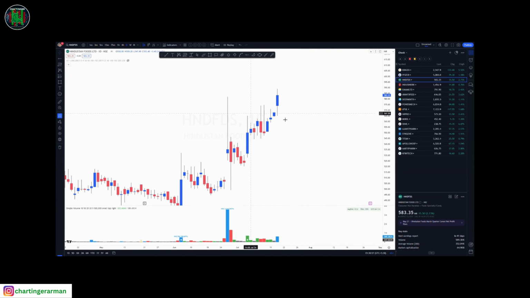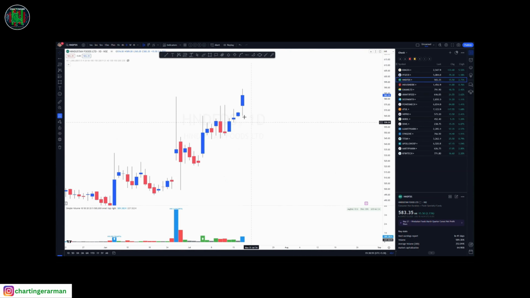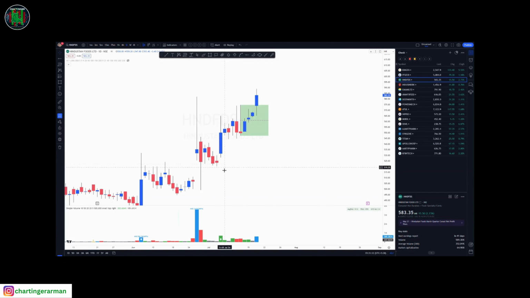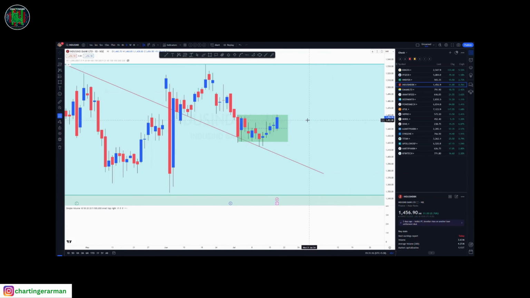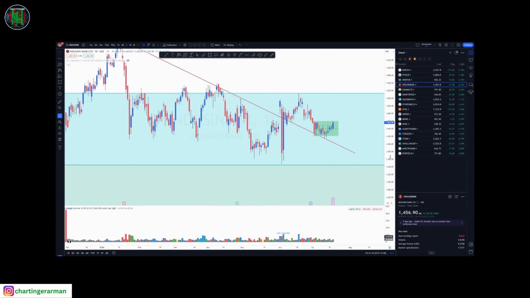Everywhere you track anything, there is inside bar. See, inside bar breakout. See, again, this is also an inside bar breakout. There's a lot of inside bars been formed in this stock. Again, we can switch to next stock. See, so this is the analysis.